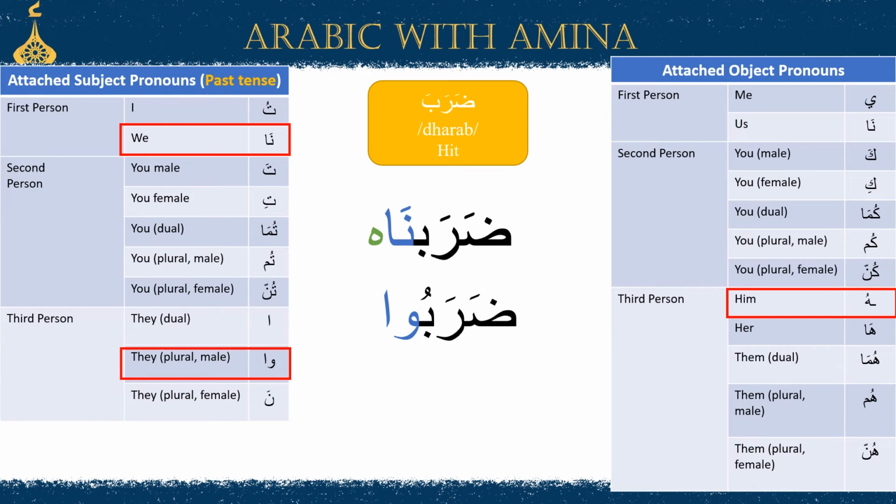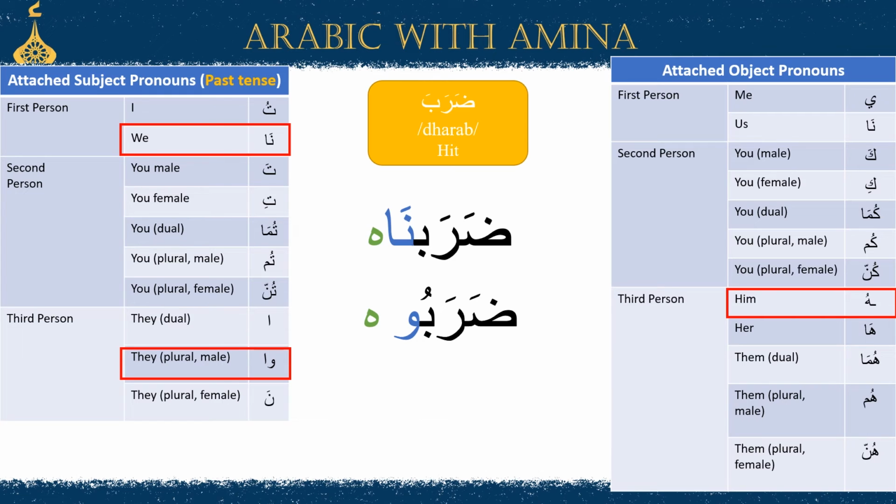First we're going to add the subject, ضربوا, and then add the object, ضربوه. Now the exception here is that when we have a subject and an object using the they plural male form, the alif is not written. So we're going to take away that alif. So it's still ضربوا, but the letter alif is removed.